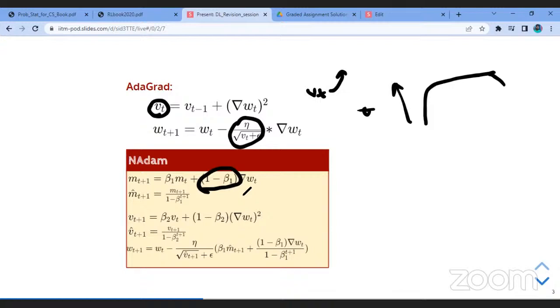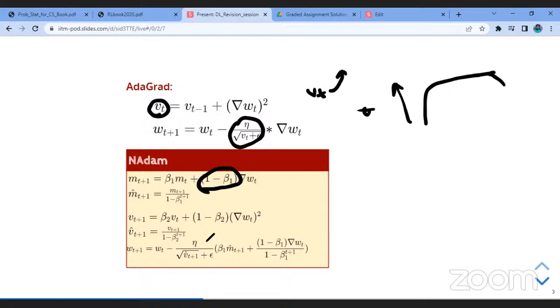So that sort of thing you should have learned. We may ask questions like this, whether the following update rule requires bias correction or not. We can change any quantities here, and then we simply ask you whether we need a bias correction there or not. So you should be in a position to justify it.